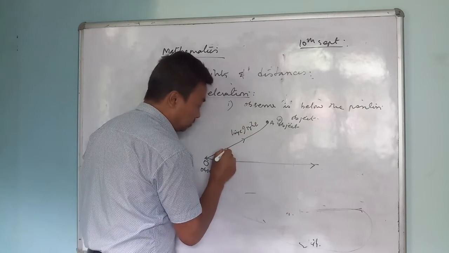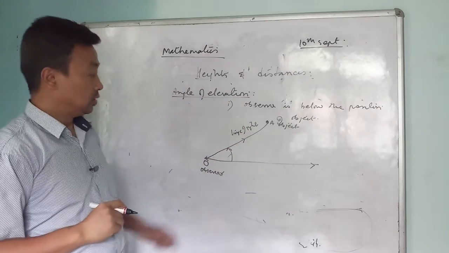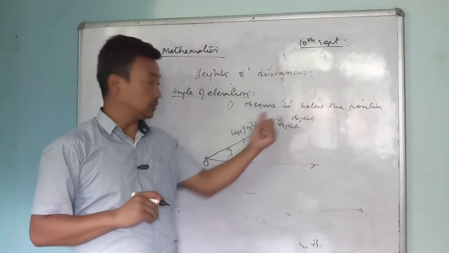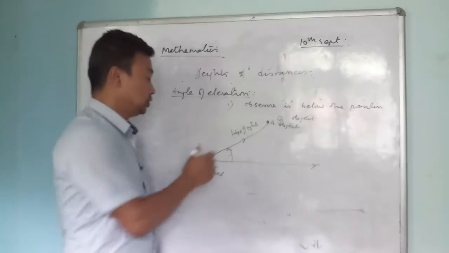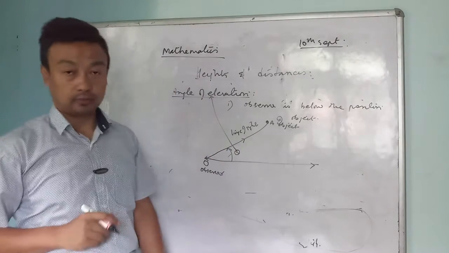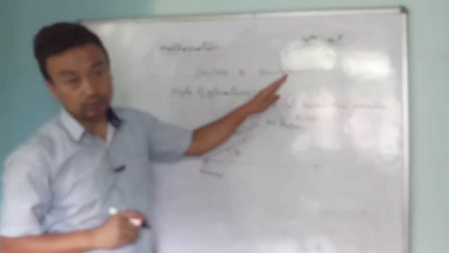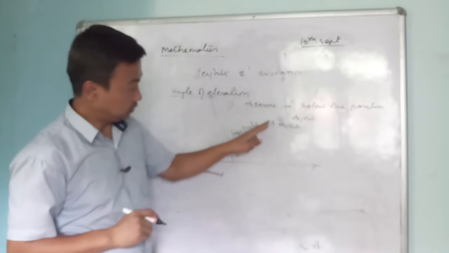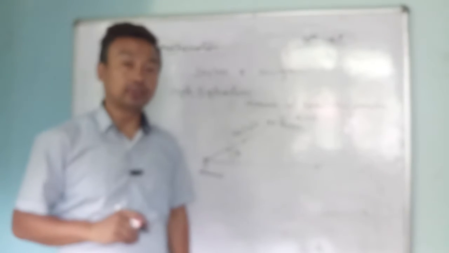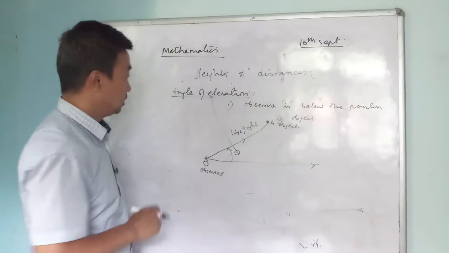The angle made by the observer looking at the object with the help of the horizontal line is called the angle of elevation. Elevation means you are rising. This is the line of sight, and this is the horizontal line or x-axis.